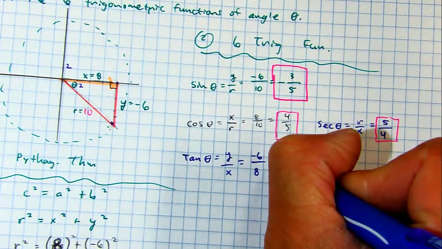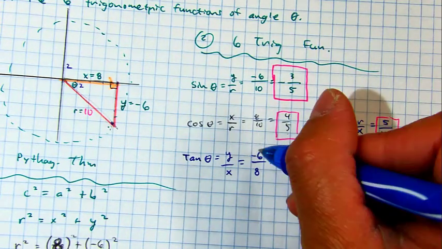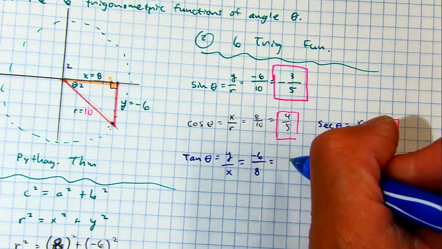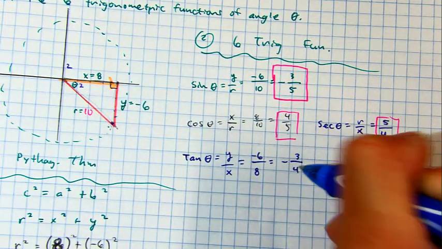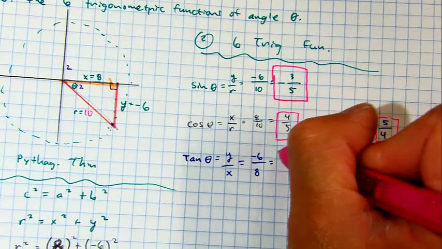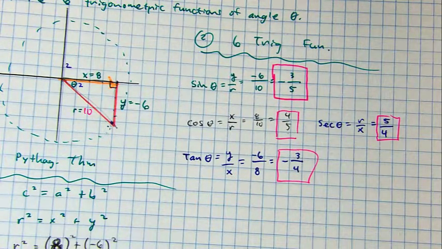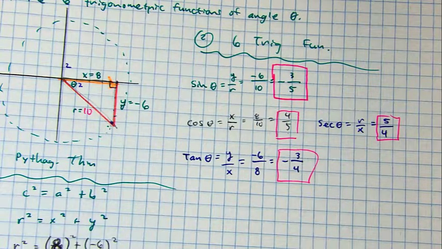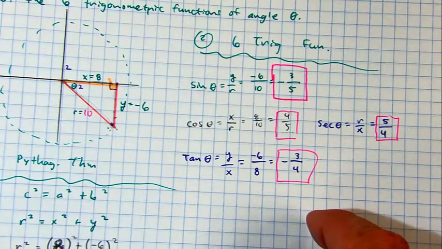And if you reduce that? Yeah, you divide by 2 on both of those? Negative 3 and 4. Rochelle? Pick another one. I already got secant. Cosecant?